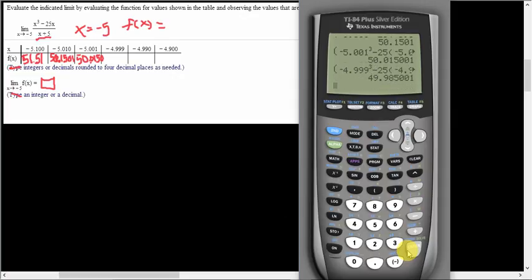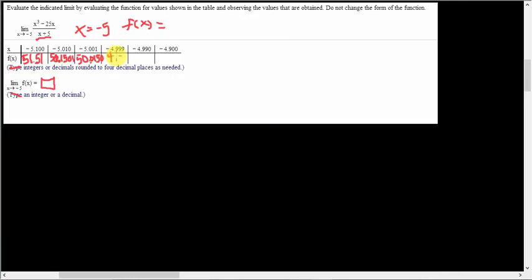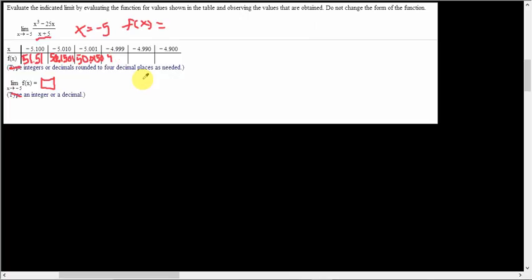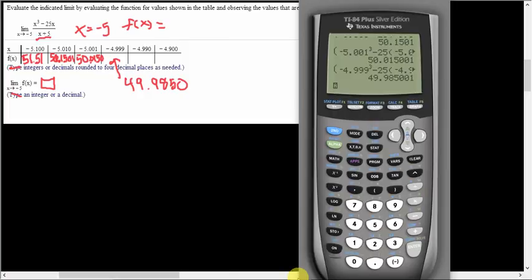Alright, this one. So 49.9850. Yeah, why don't I just do that? I might just write these below. 49.9850. Alright, that's this one. Let's do that a little again. Let's see.